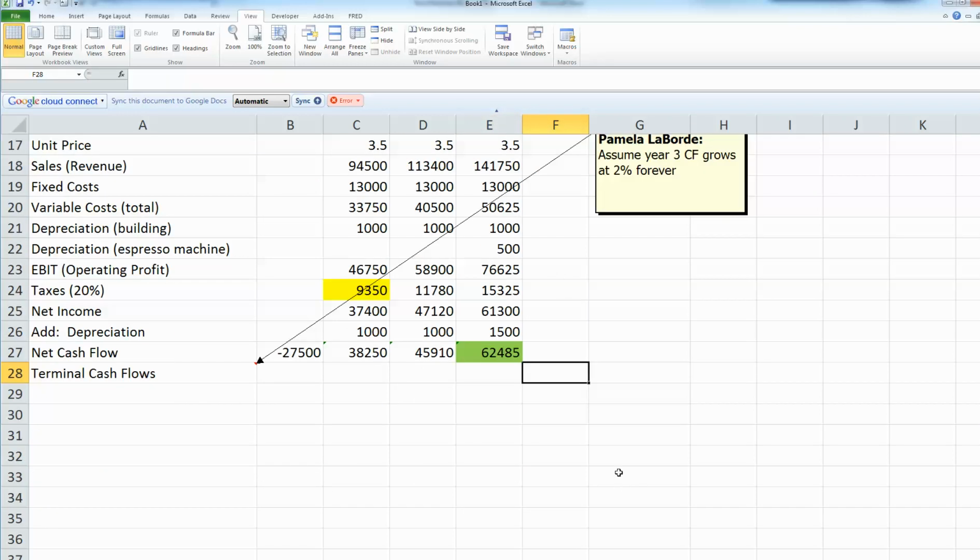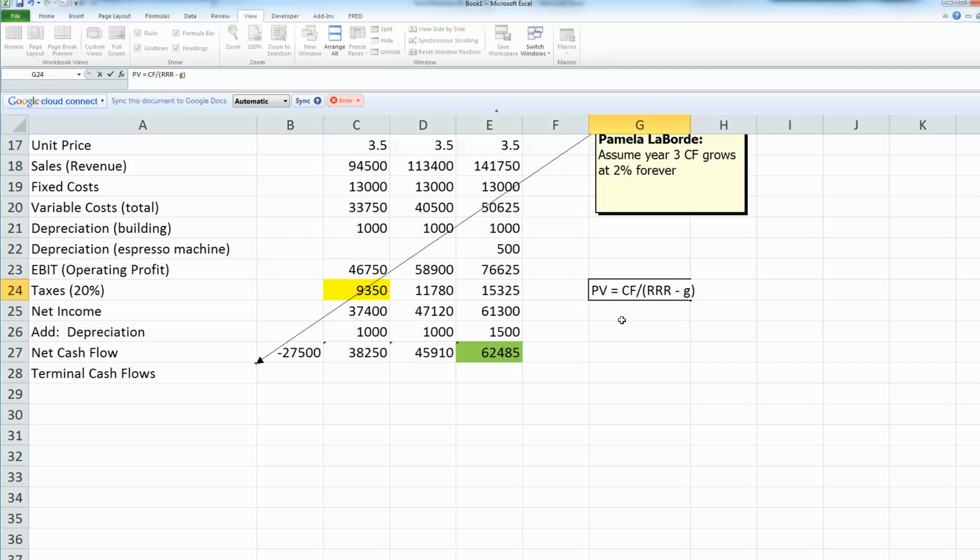Just off to the side over here, I want to talk a little bit about the growing perpetuity formula. Remember, the growing perpetuity finds the present value, and I would take the cash flow divided by the required rate of return minus the constant growth rate. Though I need to assign time periods to things.